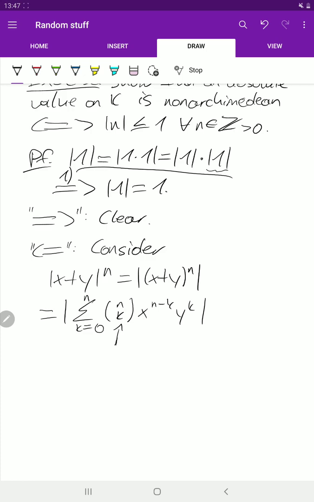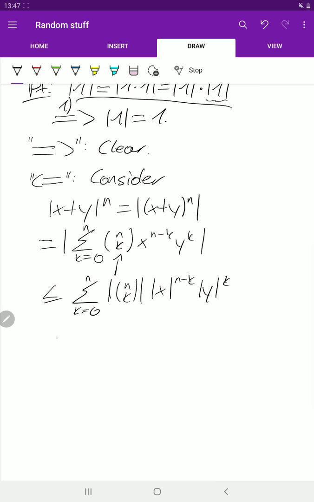And then we have x to the n minus k, y to the k. Now we apply the triangle inequality, which we can do because we assume that it's an absolute value. In fact, we apply it several times so that we get the sum. Then also we apply the multiplicativity, so we get the absolute value of x to the n minus k, the absolute value of y to the k.